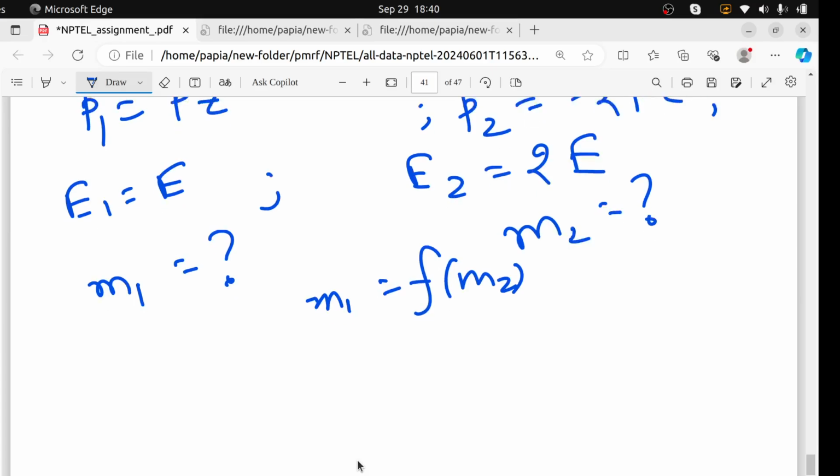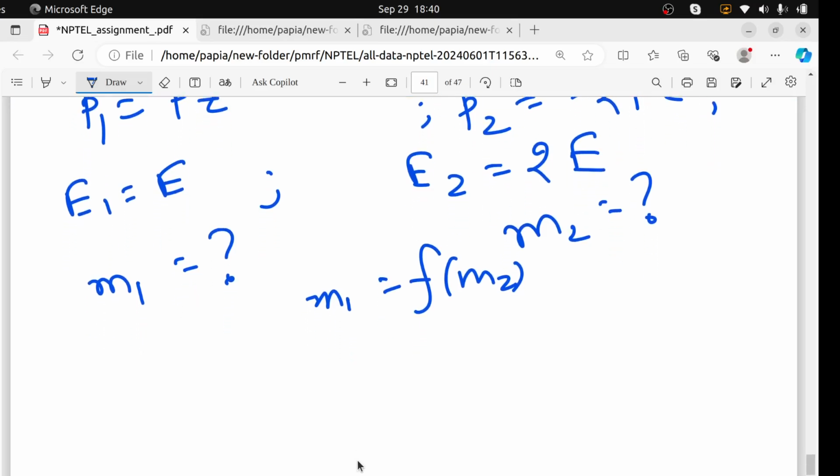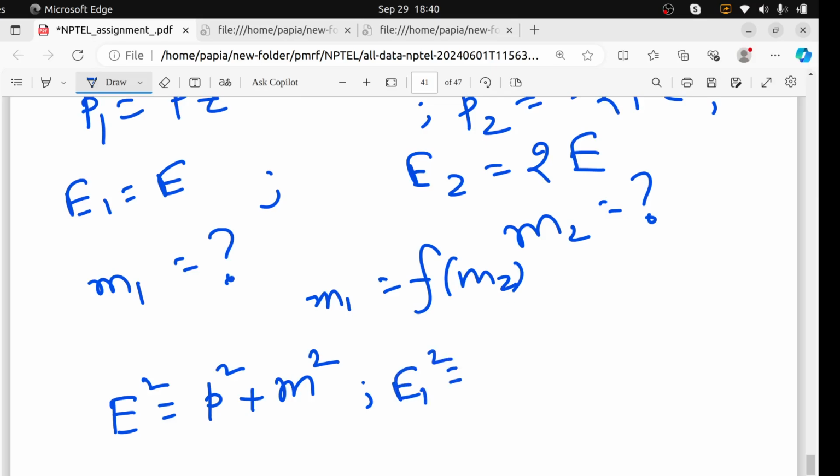So to get this, what will I write? Obviously this is the 3-vector momentum, right? It's already given there. So we will take the value of E square equals P square plus M square C to the power 4. We are not taking C in our calculation because in the natural unit C is 1. So for the E1 case, E1 square equals P1 square plus M1 square.